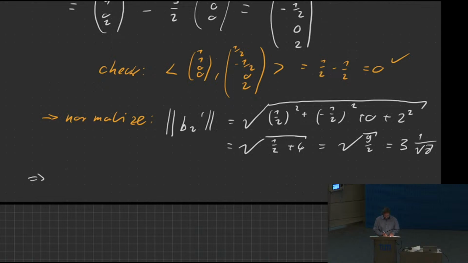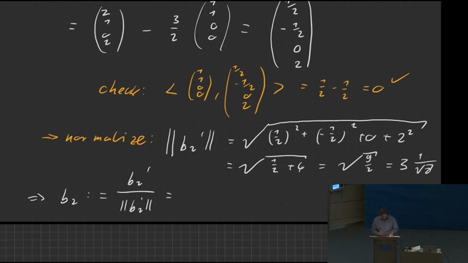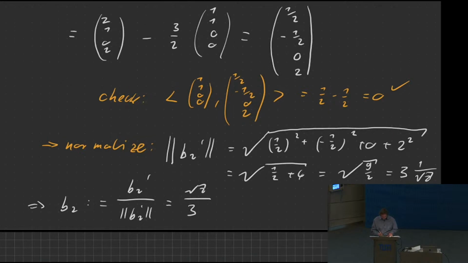And now all I have to do is set B2 to B2 prime divided by the norm of B2 prime. So that is, let's see, square root of 2 over 3 times that vector that I got here, (1/2, -1/2, 0, 2).